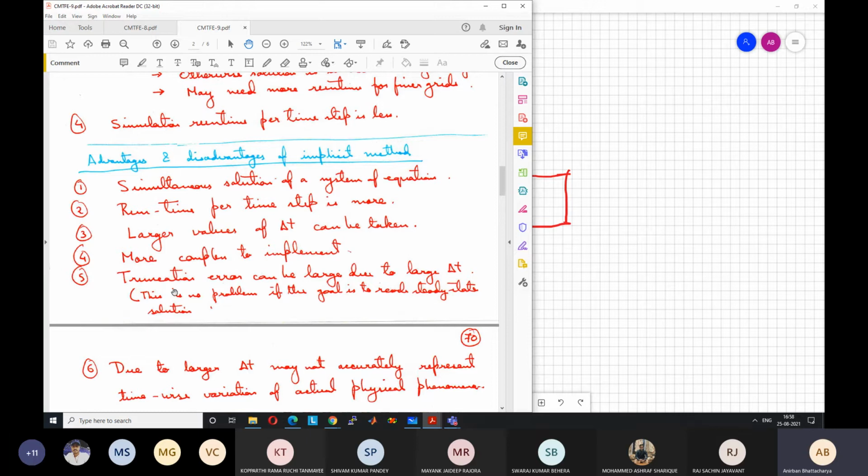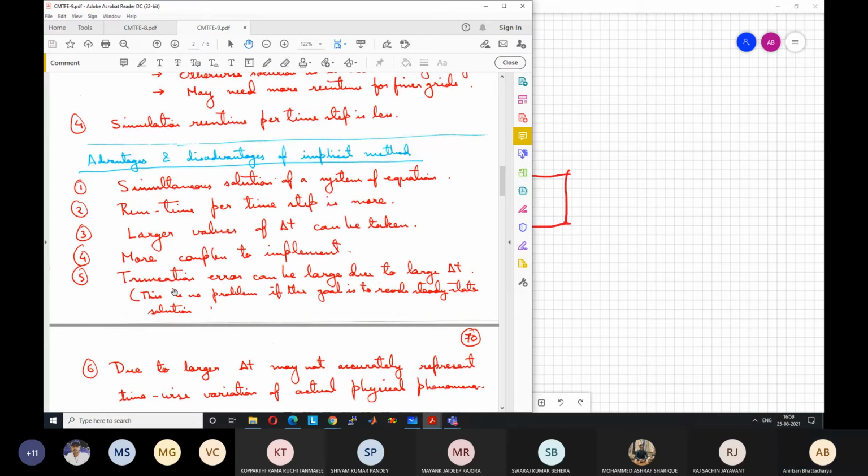Okay. So stability and accuracy are two different things, as we will see later. Stability means that the solution is going towards the correct solution. Although it is going towards the correct solution, it does not mean that the error is less.